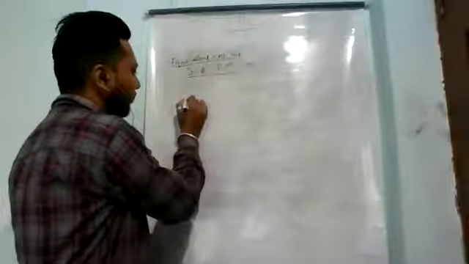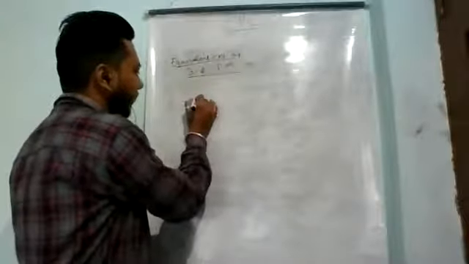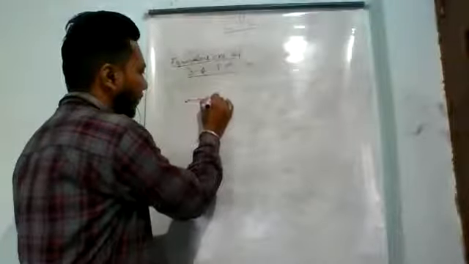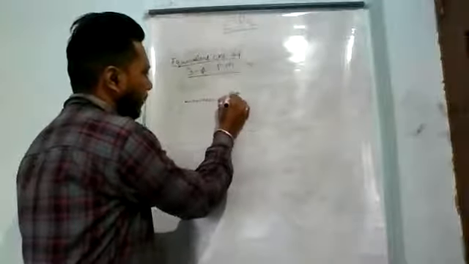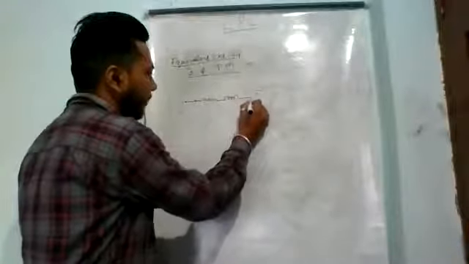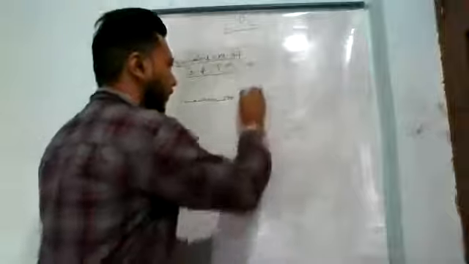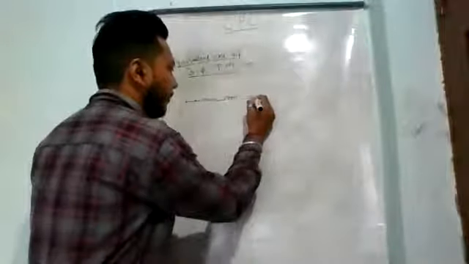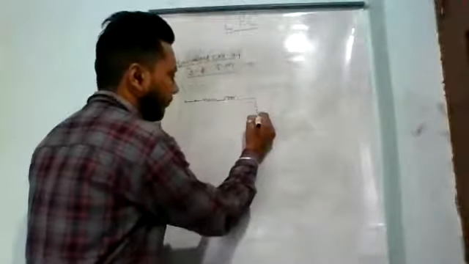First of all, here is one resistance. This is inductance, the primary side inductance. This is the primary winding.